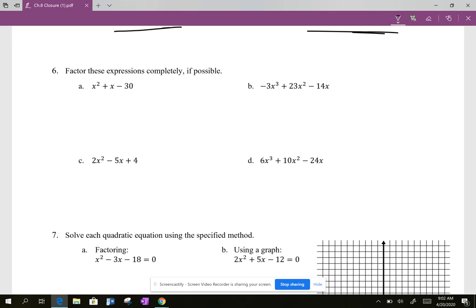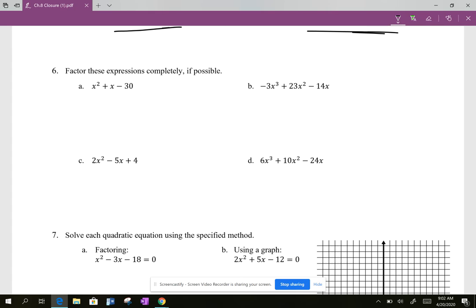For B and D, notice that we have extra x terms. Instead of having x squared, x, and then a constant term, we have x cubed, x squared, and x. So you're going to need to factor out the greatest common factor first, and then factor.